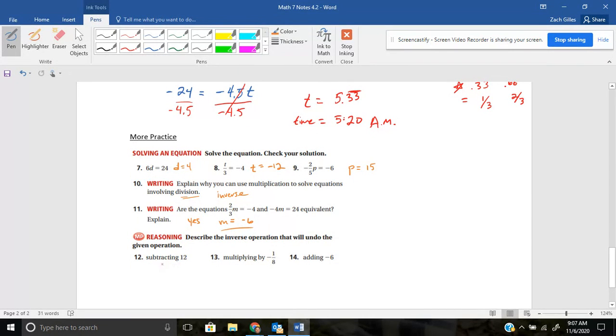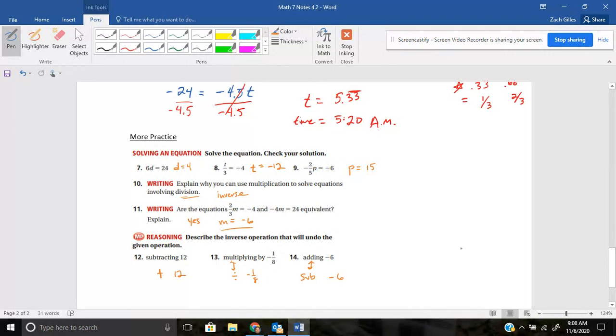So what's the opposite or the inverse of subtracting 12? Well, that would be adding 12. What's the opposite of multiplying by -1/8? That would be dividing by -1/8. And what's the opposite of adding 6? That would be subtracting 6. The opposite of adding -6 would be subtracting -6. So basically, you're just looking for the opposite or the inverse of these operations.